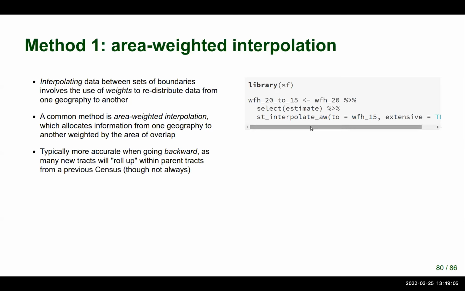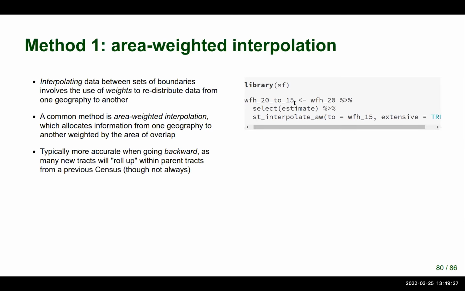So in this case, by going backward, what I mean is taking our 2016 to 2020 data and going backward to the 2011 to 2015 geographies. So the 2020 tracts to 2010 tracts. We can implement that in the sf package with the st_interpolate_aw function.